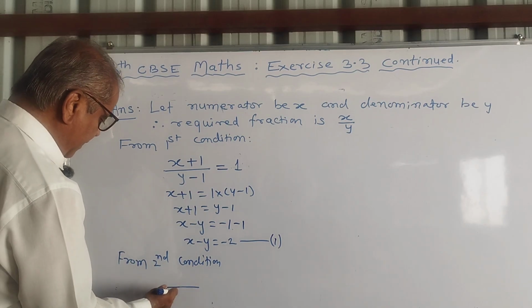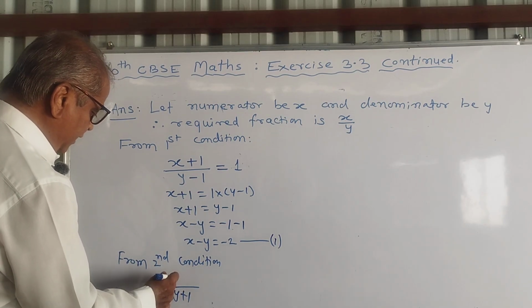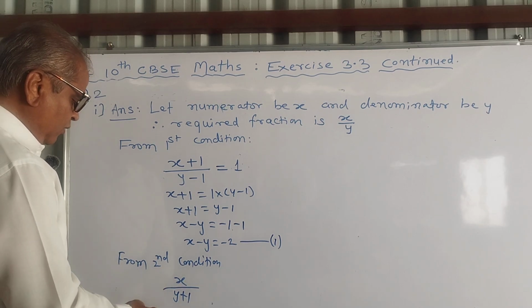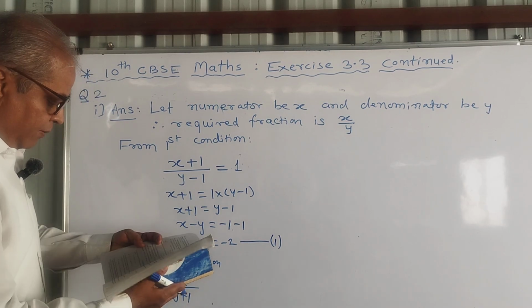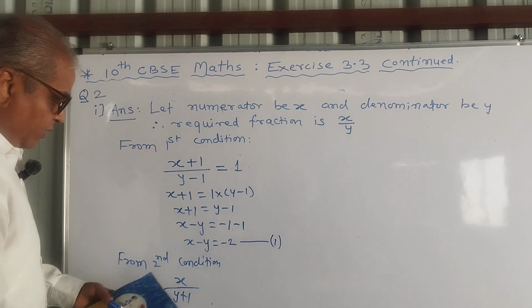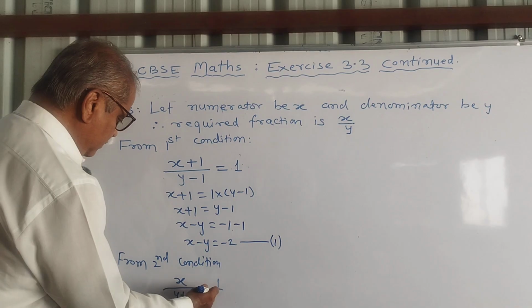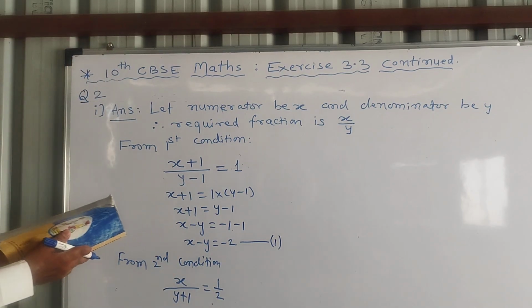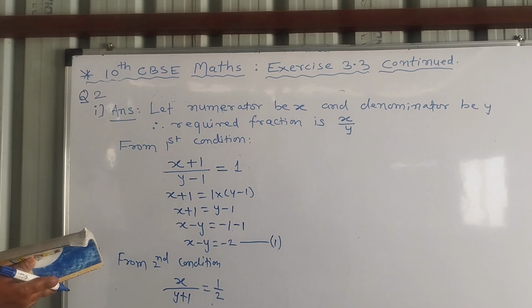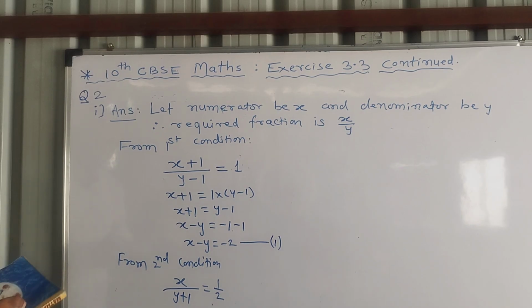That means y plus 1 and numerator is as it is, that is x. Don't change the numerator, only add 1 to the denominator. The fraction will be 1 upon 2. Check the condition again. Fraction becomes 1 upon 2 if we only add 1 to the denominator.